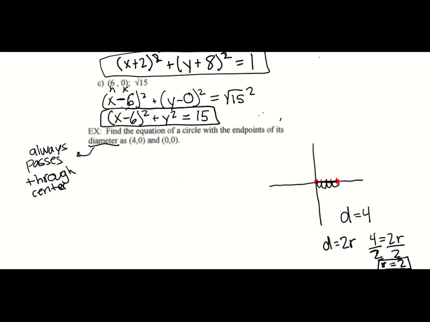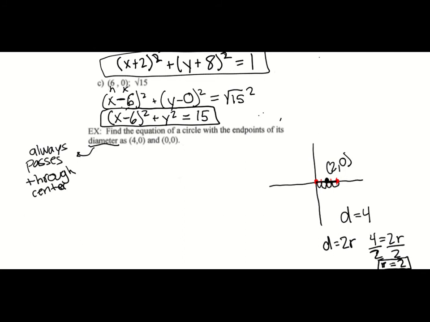So if I look at that point that's right in between, I see that this point right here is point (2, 0). And that is going to be my center point.